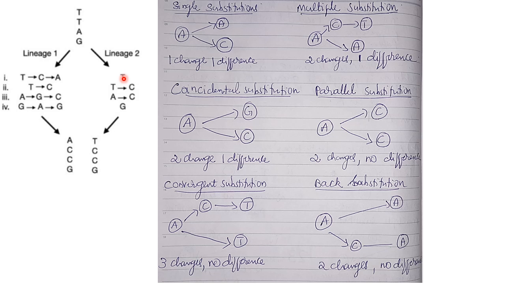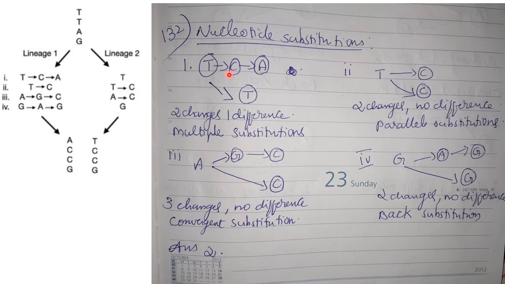So there are 2 changes and 1 difference. 2 changes, 1 difference is multiple substitution. So 1 is multiple substitution. See here, T giving rise to C, C giving rise to A, T giving rise to T. So there are 2 changes, 1 difference, it is multiple substitution.